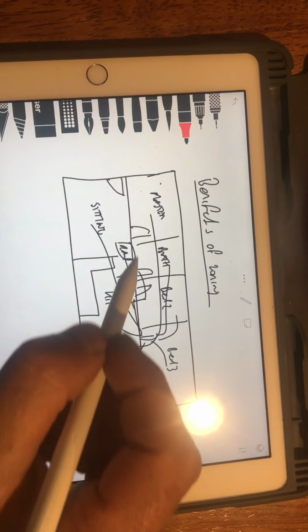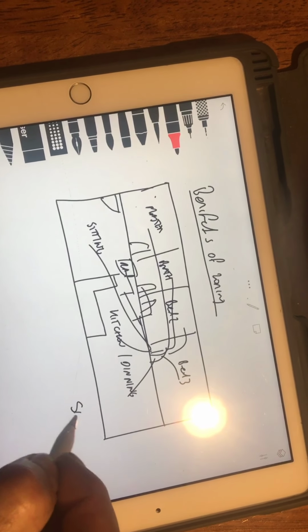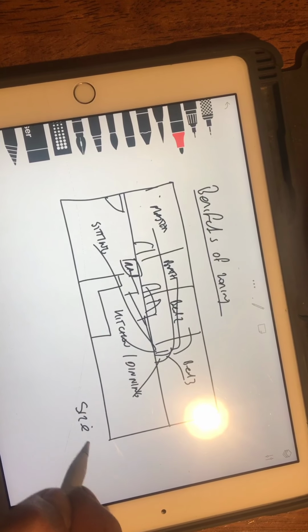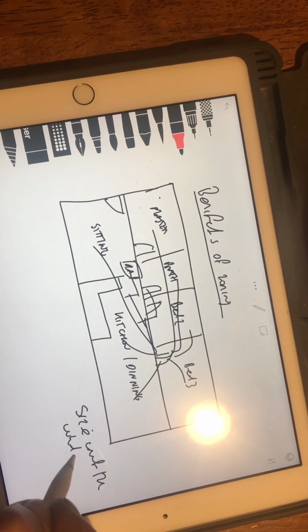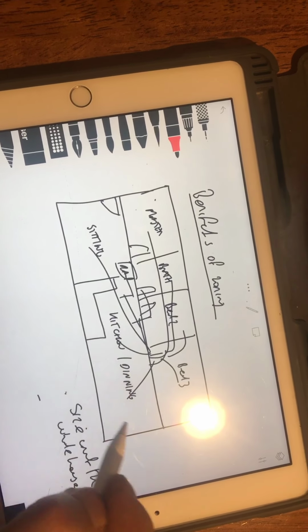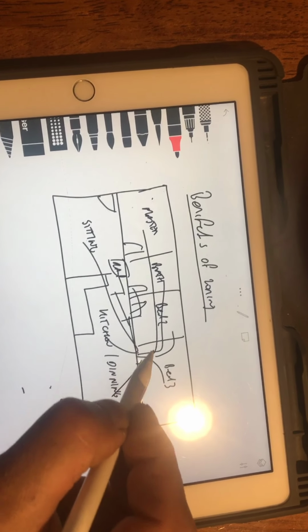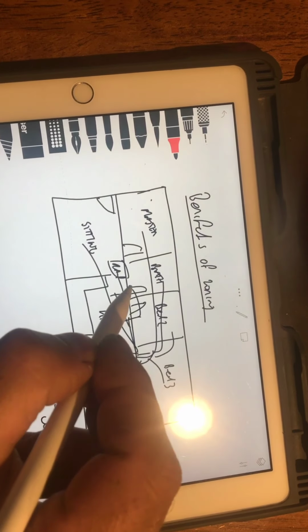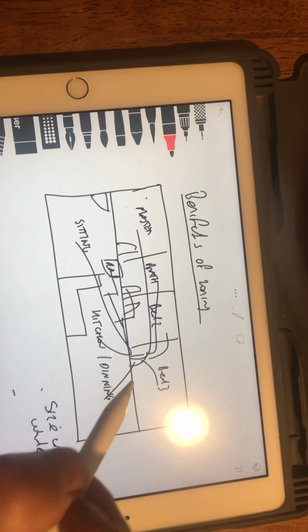A standard system, you need to size the unit for the whole house. With a zoning system, you could work out what combinations of rooms you want to be able to heat or cool at the same time.